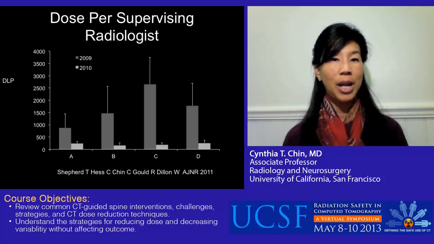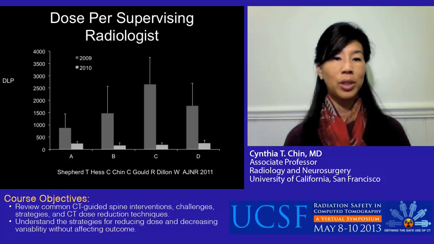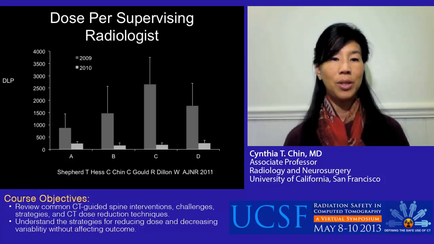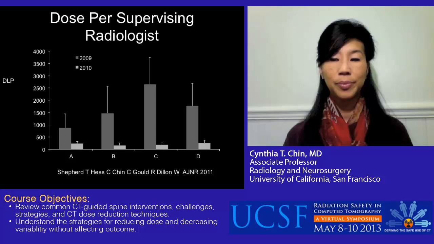It just happened naturally using the 3 strategies that we outlined. And therefore, what resulted was a more consistent protocol resulting in a more uniform exposure for the patient that was independent of any particular supervising neuroradiology attending or institution.